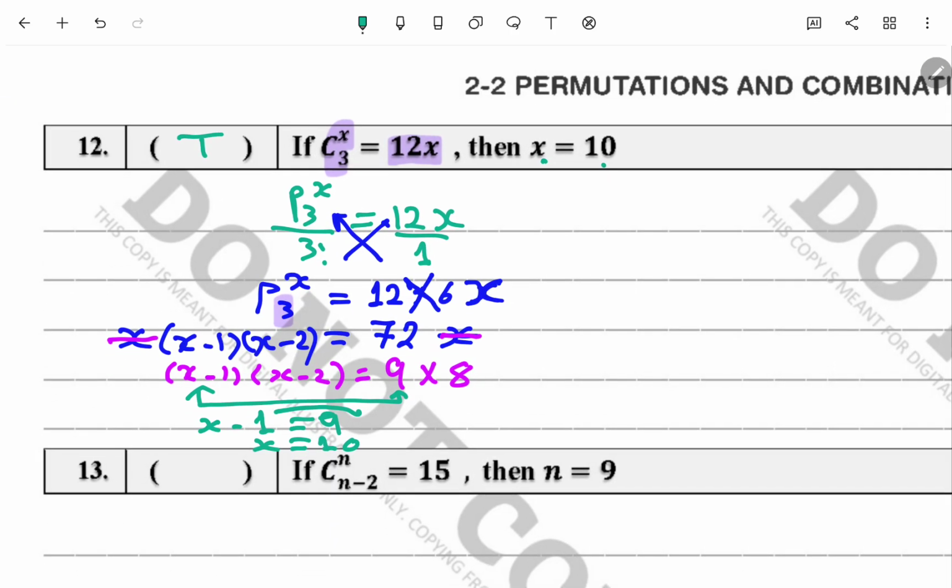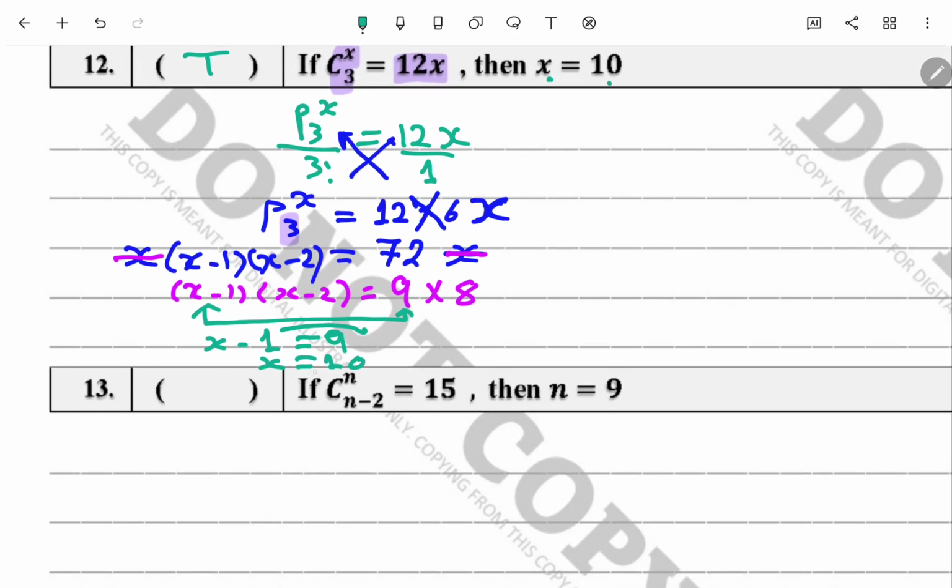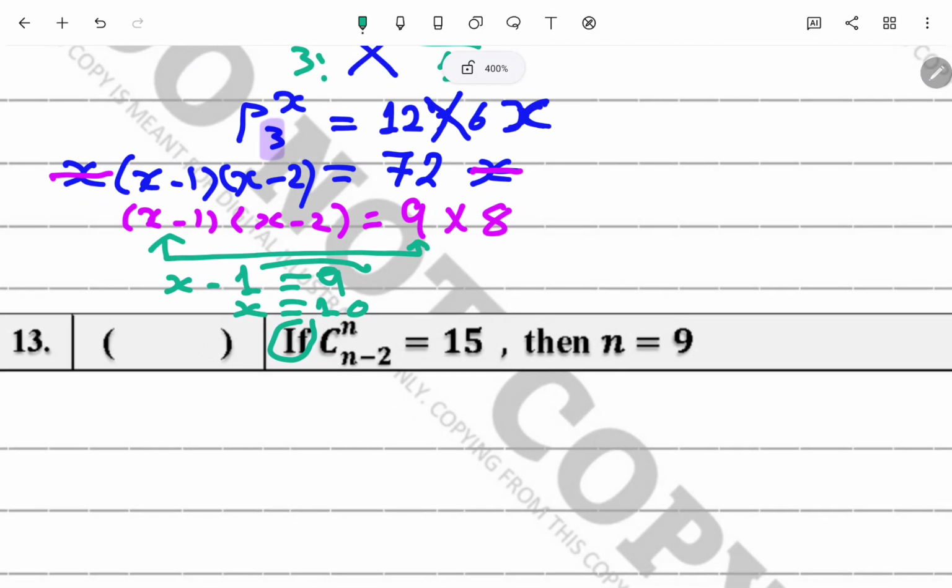Now at number 13, we can see another given, which is n combination n minus 2 equals 15. You can think about the reduction rule. In the reduction rule, you know that n combination r can be written as n combination n minus r.